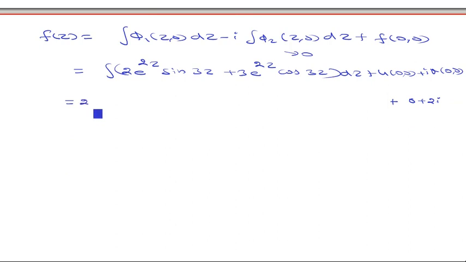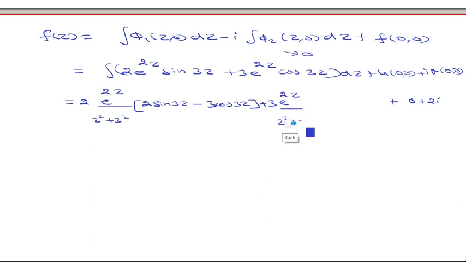So this is equal to 2 times e power 2z divided by 2 square plus 3 square times 2 sin 3z minus 3 cos 3z plus, so here 3 times e power 2z divided by 2 square plus 3 square, so here it is 2 cos 3z plus 3 sin 3z.